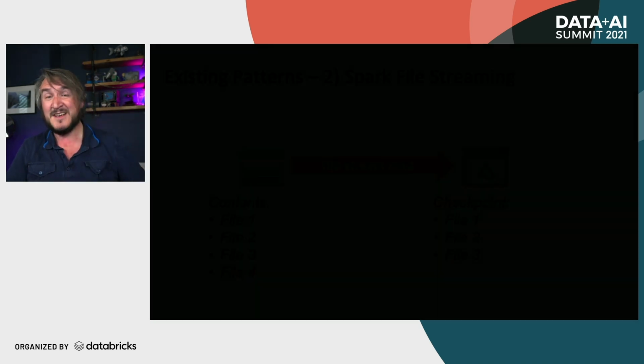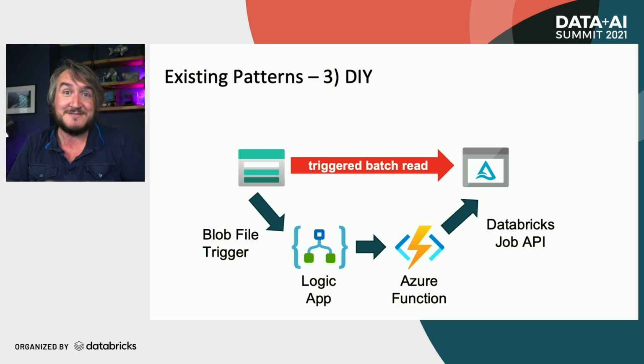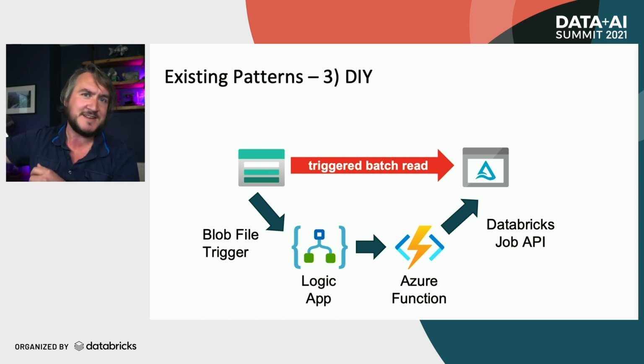Now, number three, we can build something. We can use things like Azure or AWS. We can essentially extend our own architecture. So we could have on Azure land, a blob can have a file trigger. So I can have it so it pumps out a message. That triggers a logic app. That logic app decides what kind of file should be triggered, calls a function, calls the Databricks job API, passes a parameter in.